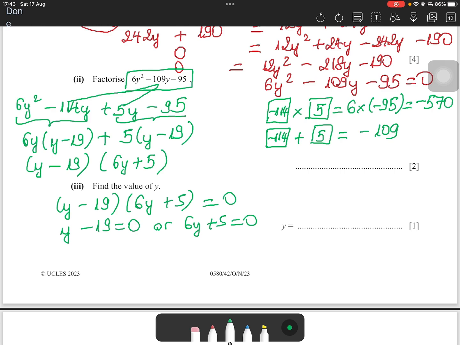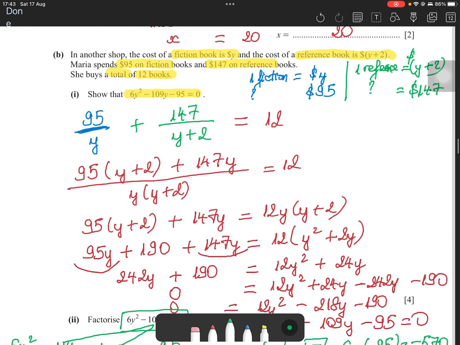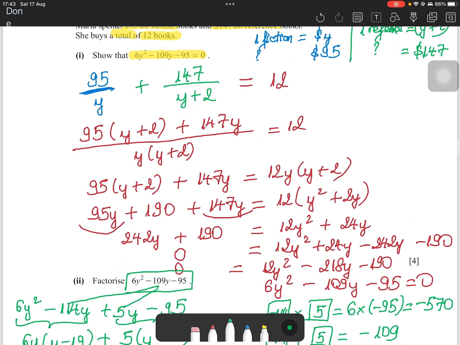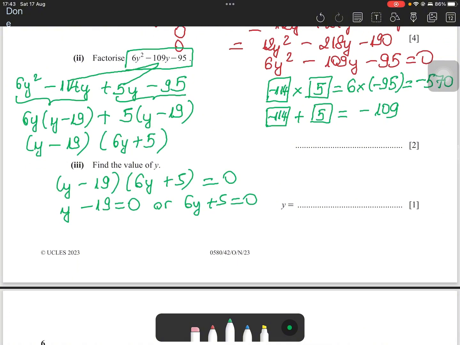But you know that Y plus 2 is the cost of the book, so Y should be a positive value. Then 6Y plus 5 should also be a positive value. So we remove this case and we only keep the left. Y minus 19 equals 0, so Y is equal to 19. So this one is the final answer. Y is 19.